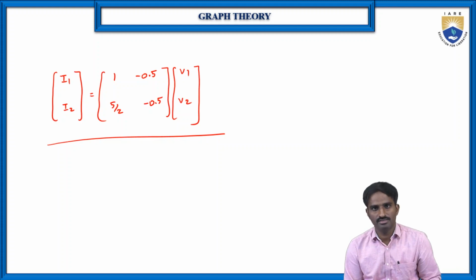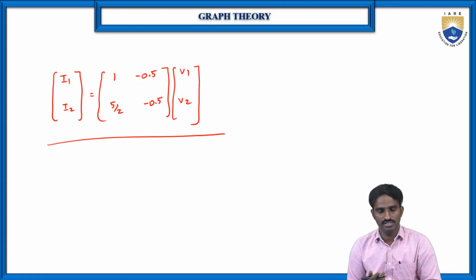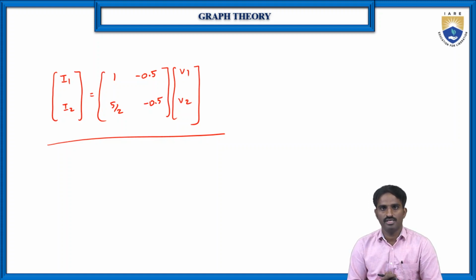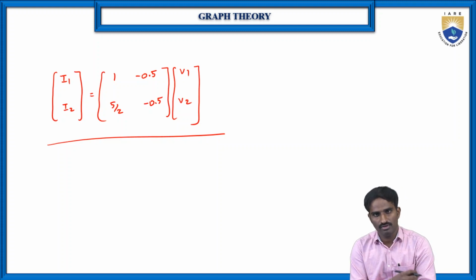So let me summarize the things that we have discussed in today's class. First thing is, Y parameters are also called admittance parameters and also called short circuit parameters. Why are we calling them short circuit parameters? Because to find the admittance parameters we are considering two cases.